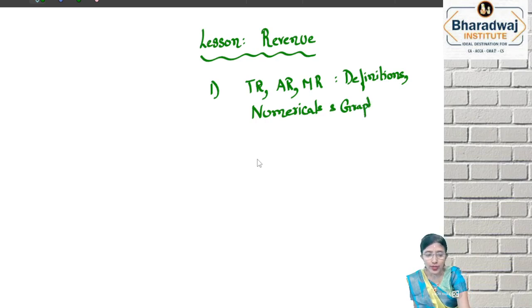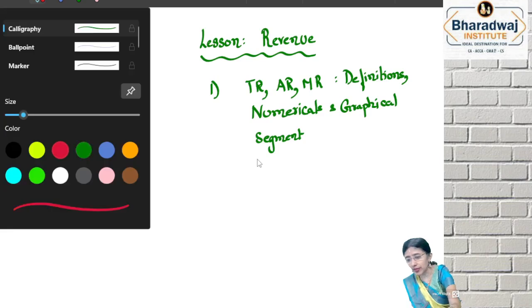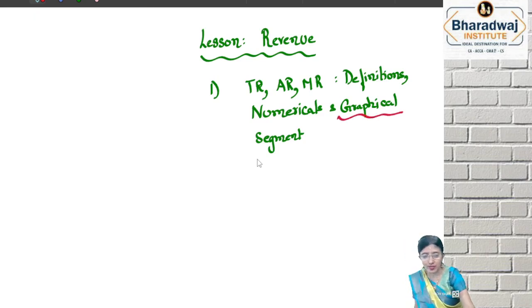Or graphical representations. Now coming to the graphical segment, that is where there is something very exclusive here. I will underline that. So as a revision class tip, I can give you this. You will have a different curve for perfect competition and imperfect competition.